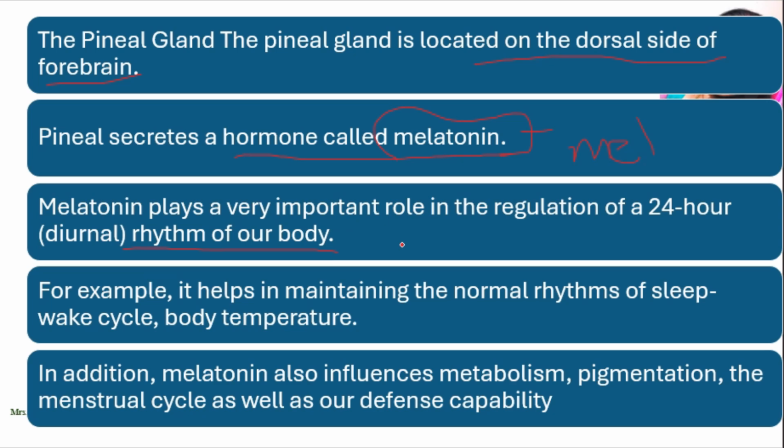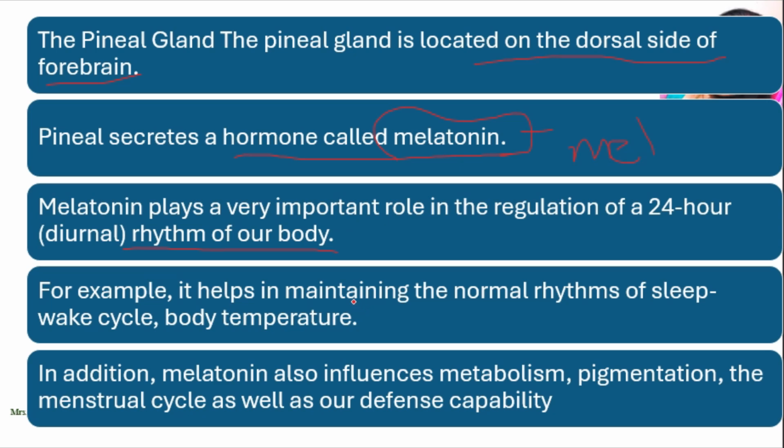When light falls on our eyes, the message goes directly into the brain and tells the pineal gland to stop secreting melatonin. This is the main function of melatonin. Keep it in your mind as a story, and make a note also.